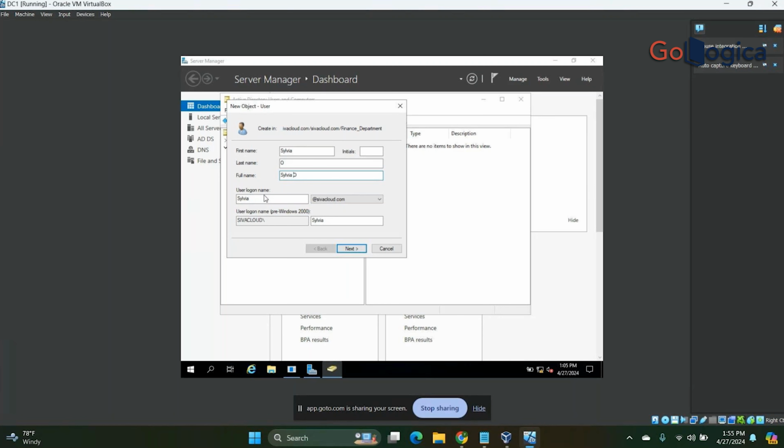Yes, in the logon name. So you see over there Sylvia O at the rate shivacloud.com. So your domain name is supposed to be coming over there, correct? That is becoming the user email ID under your domain. Now click on the Next button.